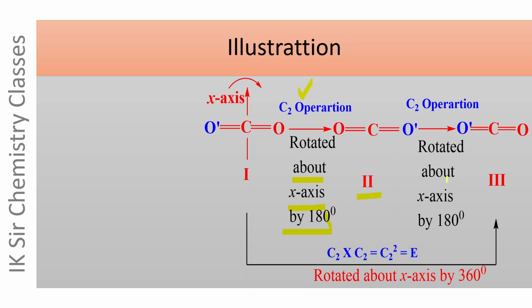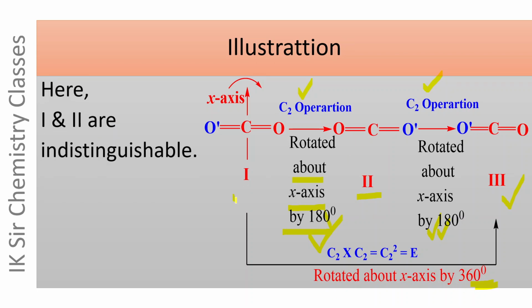It is again rotated by 180 degree, and this operation is again C2 operation, and the new orientation obtained is 3. Overall, the molecule is rotated about x-axis by 360 degree.